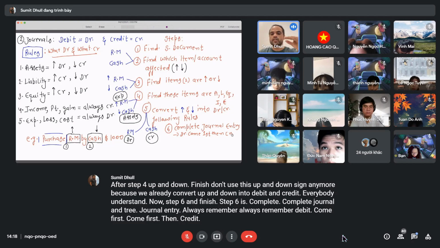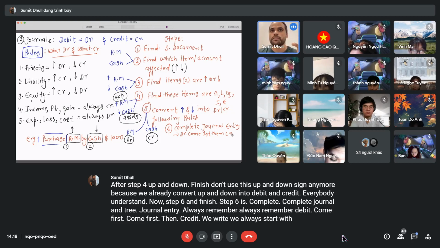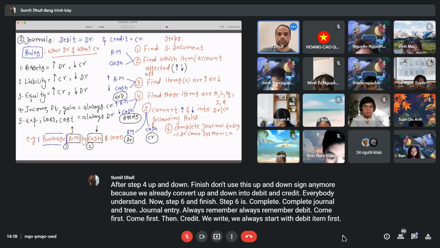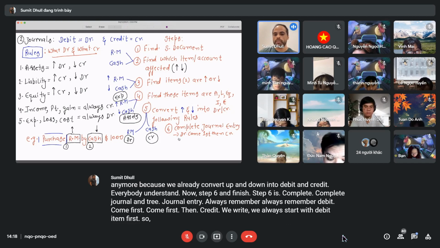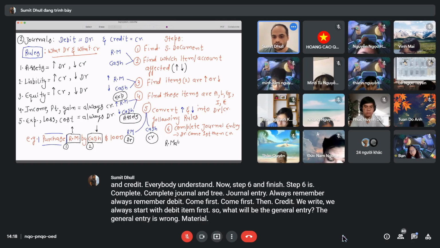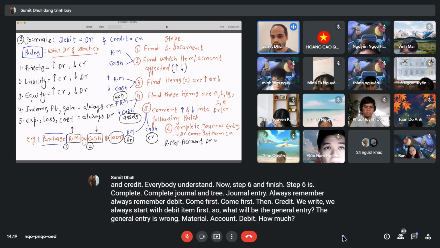We always start with the debit item first. So what will be the journal entry? The journal entry is raw material account debit. How much? $1,000.